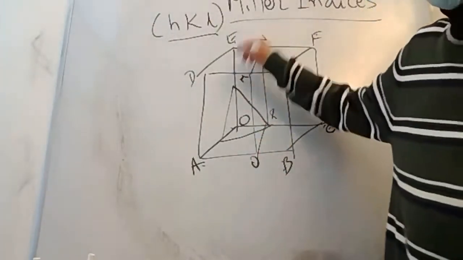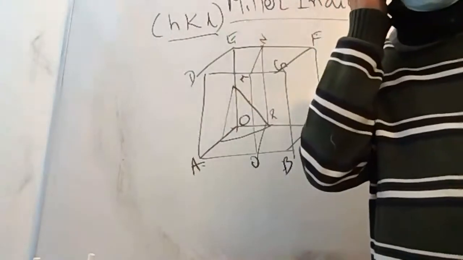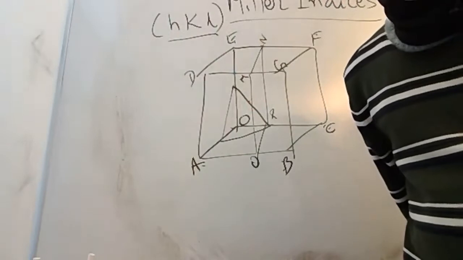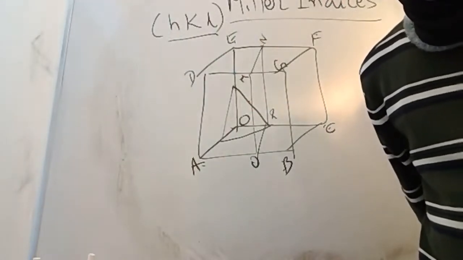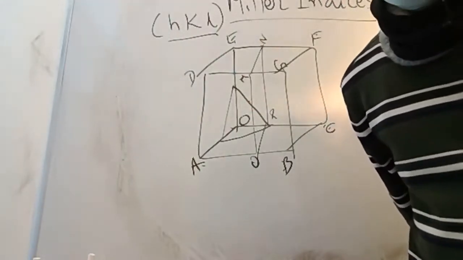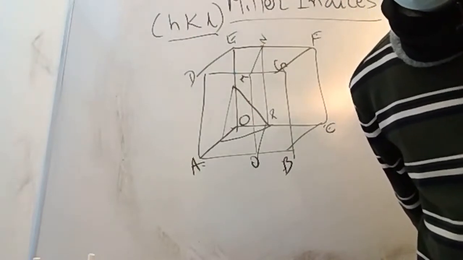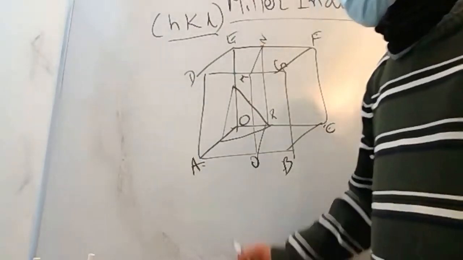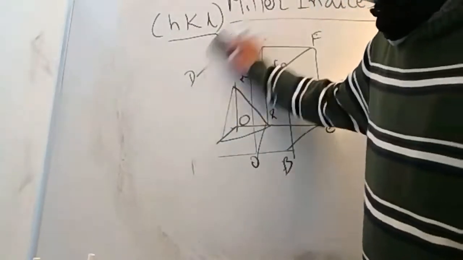So you pick any plane within the crystal, and you can define a number hkl based on the intersection of that plane along the Cartesian axis. Okay, let us now try to talk about this. So let's take a plane within a cube.